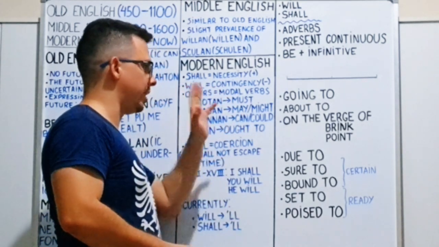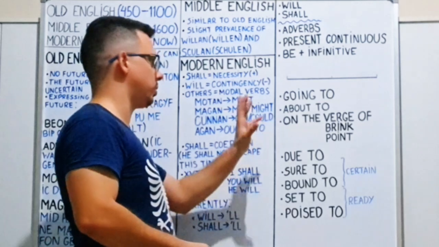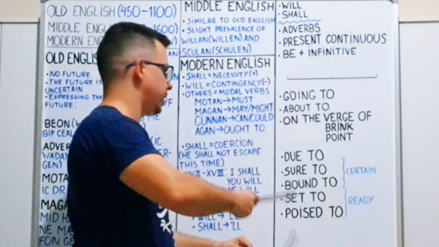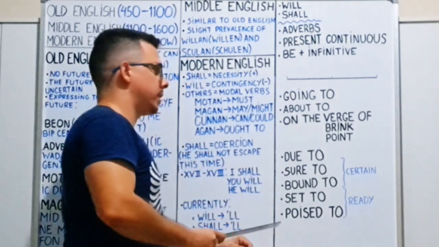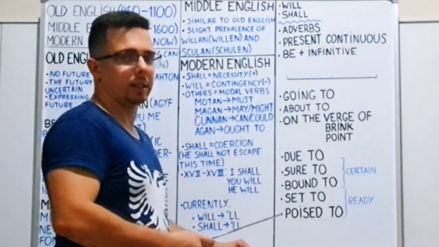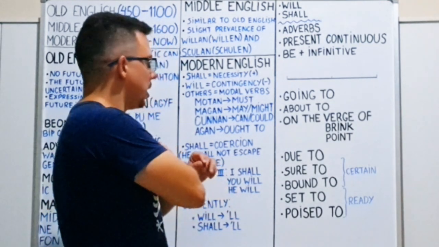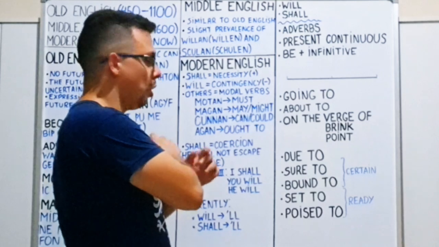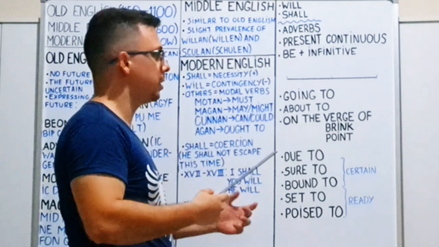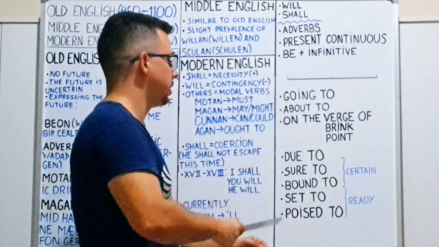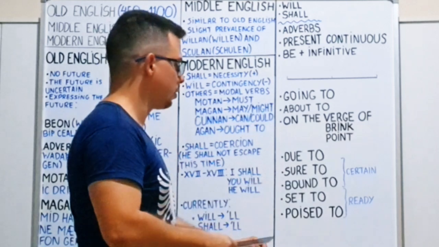I will have a different video just for this. So everything I say here is more like a summary, right? I would have to use more minutes than I have to explain this part. So this is a summary, okay?